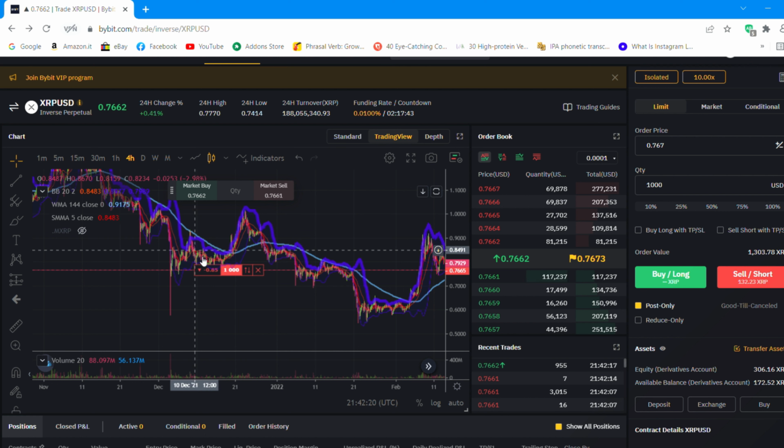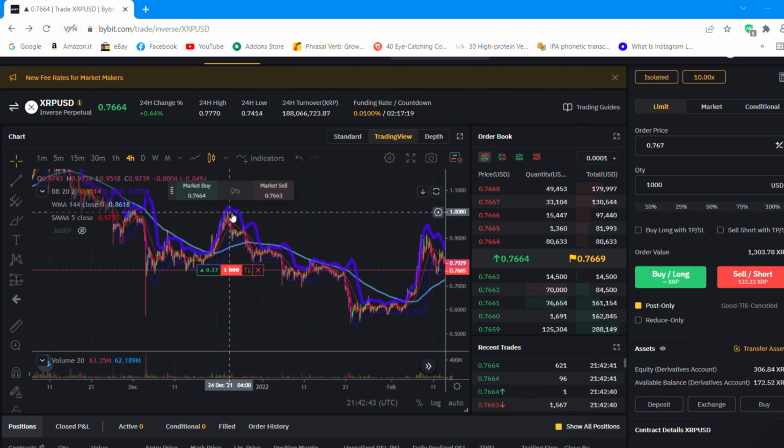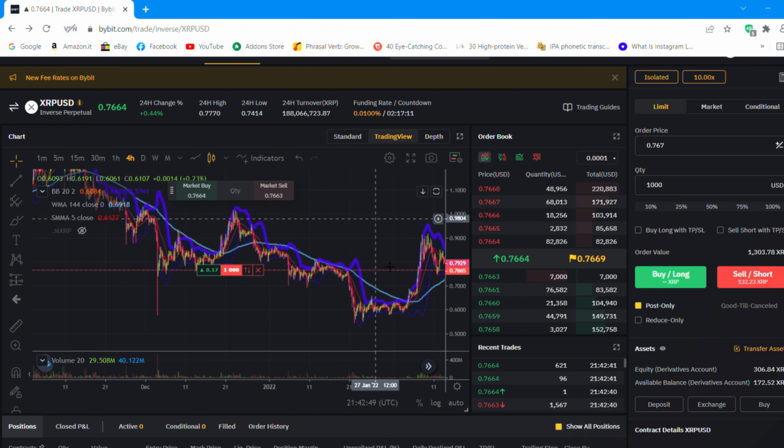So here, not only did I adjust my margin, but I also DCA'd on the way up as I was following it up. When I realized that this hadn't actually been the mountain peak, that this had only been a double top here and here, and then I realized when this happened that this was the real mountain peak, and then we came down for the third drop.